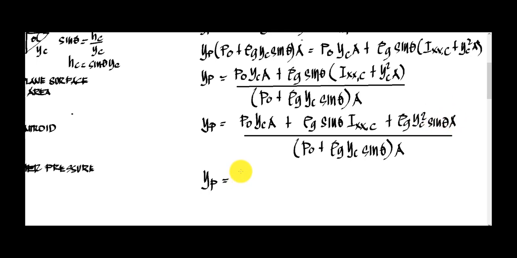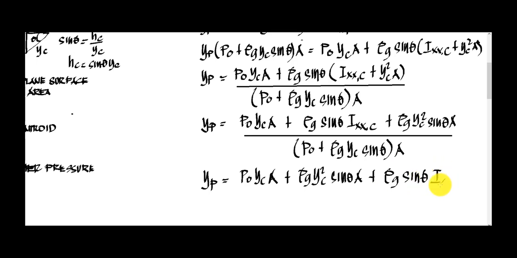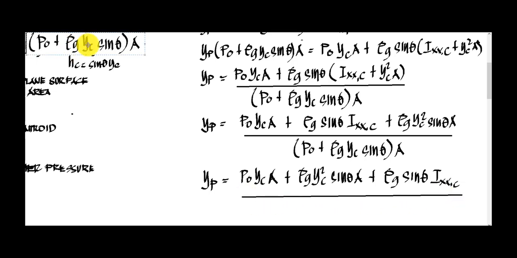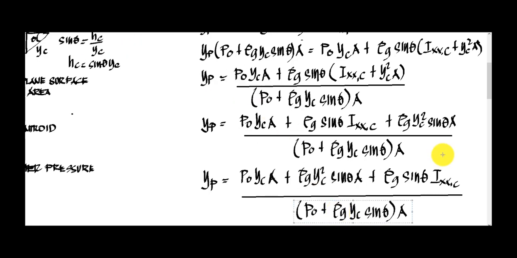So we have here your P sub O yc, that will be plus your density, gravity, c squared, then you have your sine of theta times your area, plus density, gravity, then we have your sine of theta of Ixc, then it is divided by this equation. Okay.